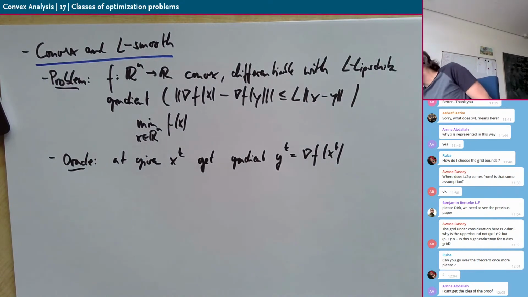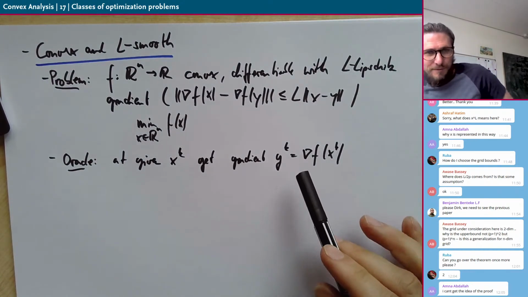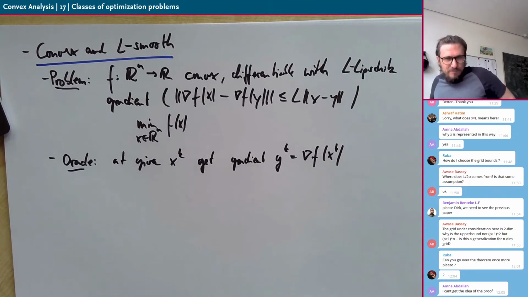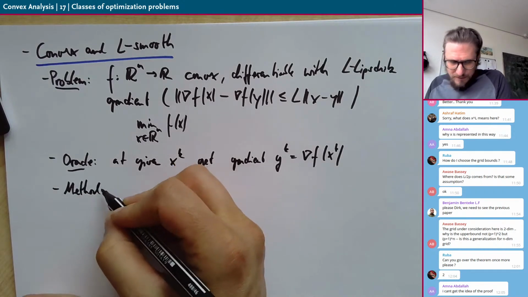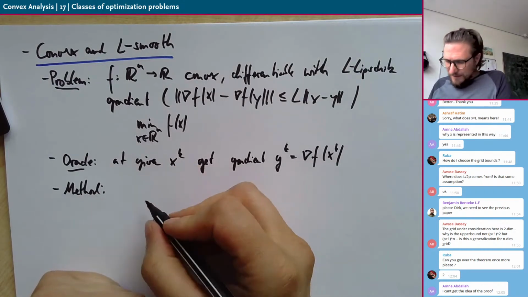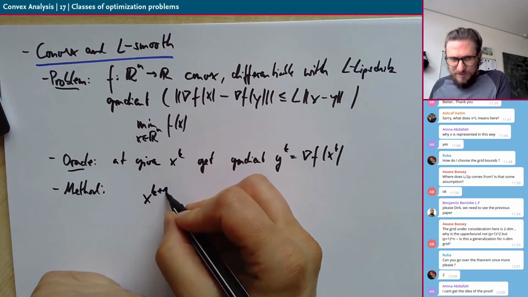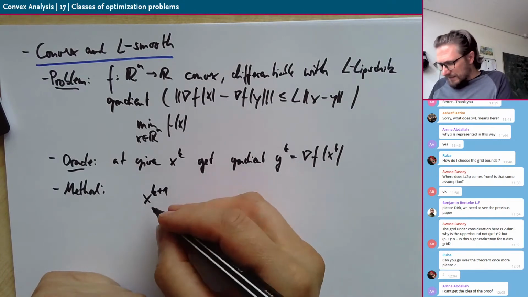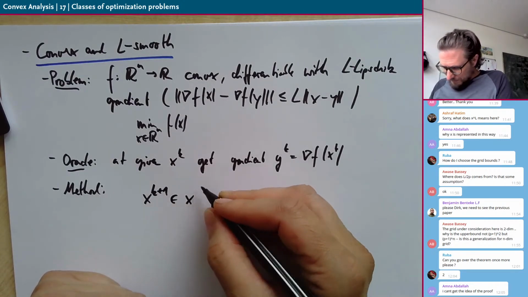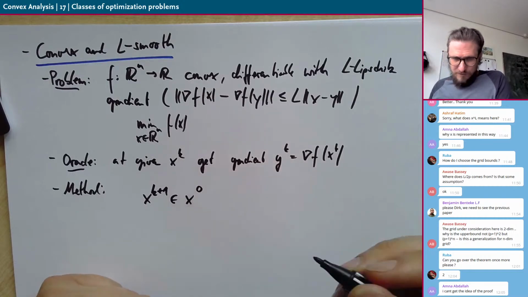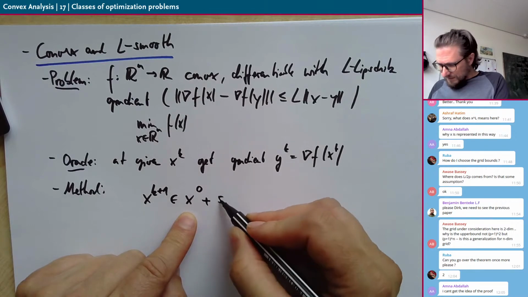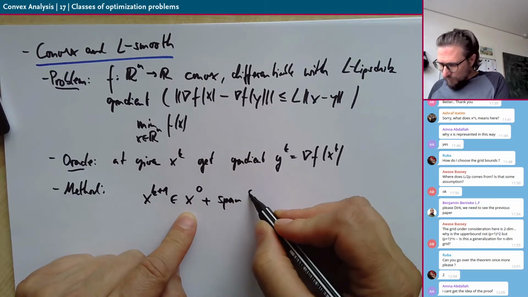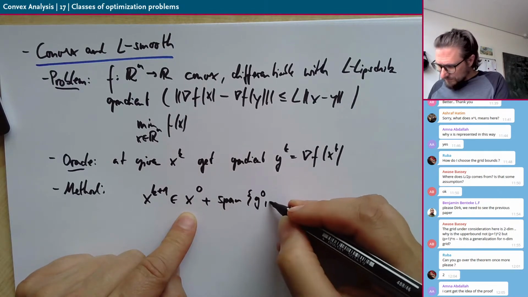The difference is now that we have a single valued gradient here. And the method is basically the same. The next iterate x_{k+1} is again in the search space, which is of the form x_0 plus the span of all the gradients we have seen.